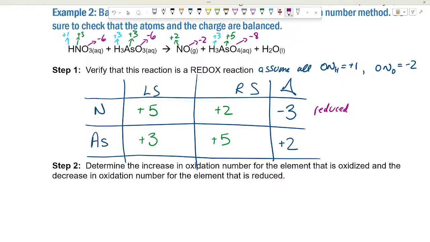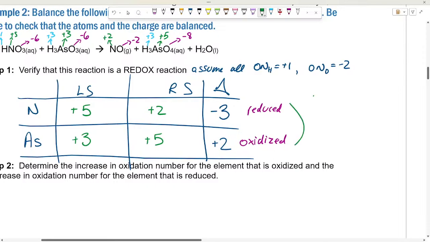So this tells us two things. First of all, is this oxidized or reduced? Okay, so that's good. We have one thing being oxidized, one thing being reduced. That's appropriate. But is that balanced? So this tells us two things. One, this is a redox reaction.